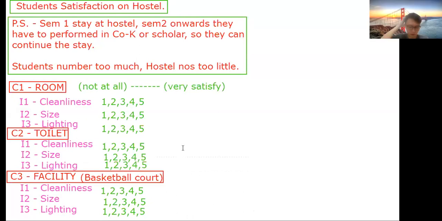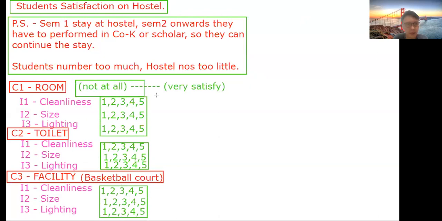So these are all the scales. Now, this is a scale, right?